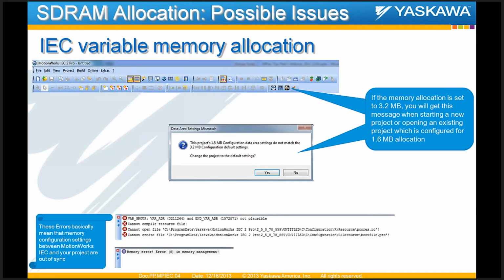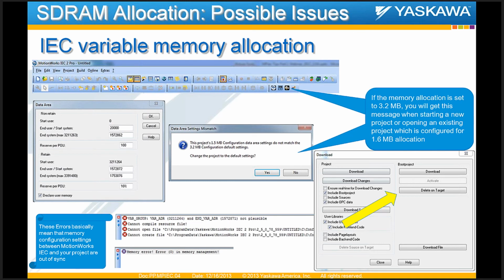Another possible remedy to alleviate some of these message boxes down here, such as error in memory management, is to make sure that if you already have a boot project on the flash of the controller, that you do a delete on target, because there's a comparison done when you start a download, and if the new project has a different memory allocation than the existing one on the controller, you receive this message down here, error in memory management.